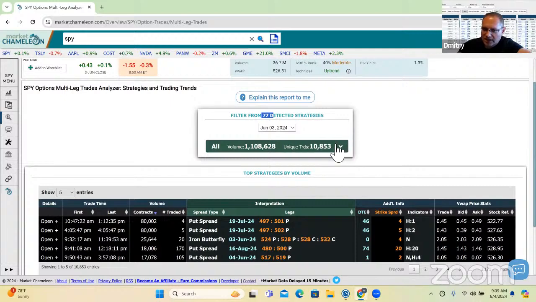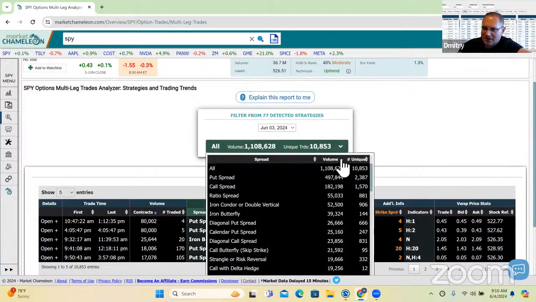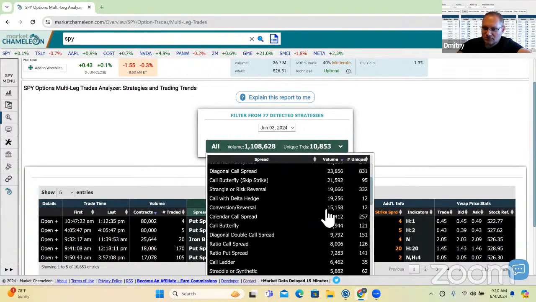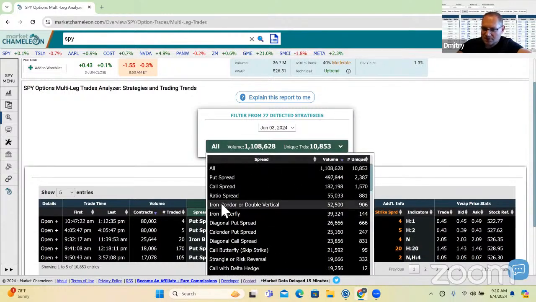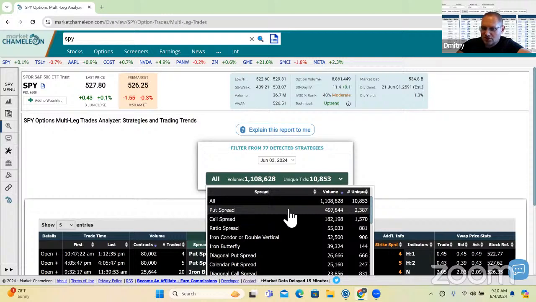So let's just click on that. Now we see all the different types of strategies that we detected. You can see up top here, put spreads. They were the most popular strategy yesterday: 497,000 contracts in SPY traded yesterday that were involved with put spreads.